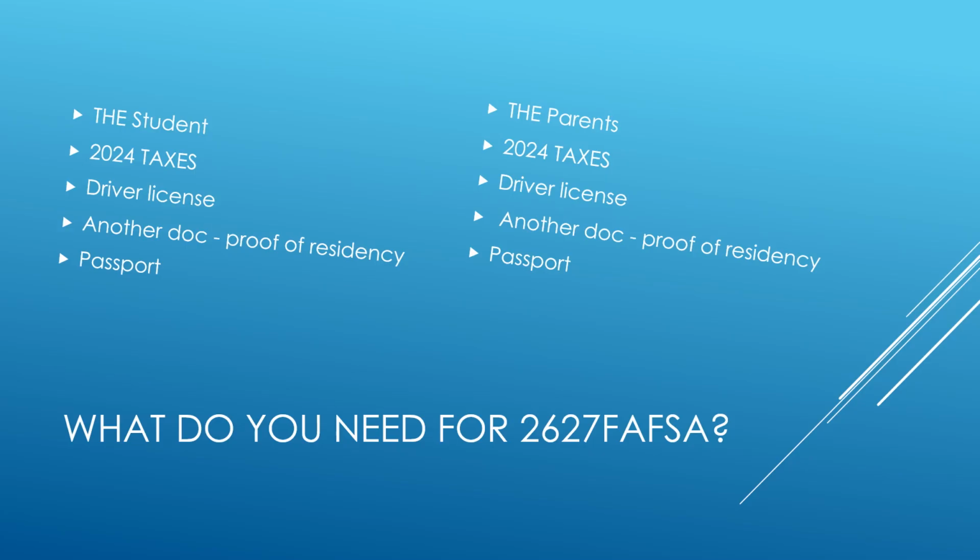Both students and parents will need a driver's license or ID. A lot of times you'll need another set of documentation as proof of residency. Sometimes you don't need to, depending on the university or college.